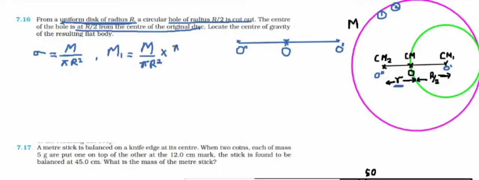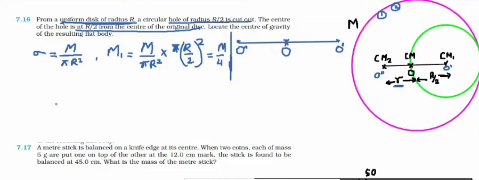Pi into r by 2 the whole square. Mass per unit area into area will give mass. Simplify the equation. When you simplify, pi will be cancelled, r square will be cancelled, and you will get M divided by 4. So the mass of the small disk is M divided by 4.